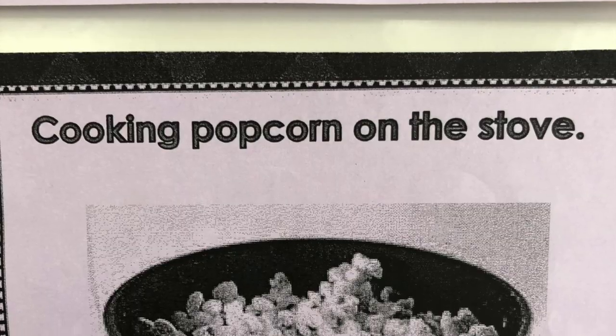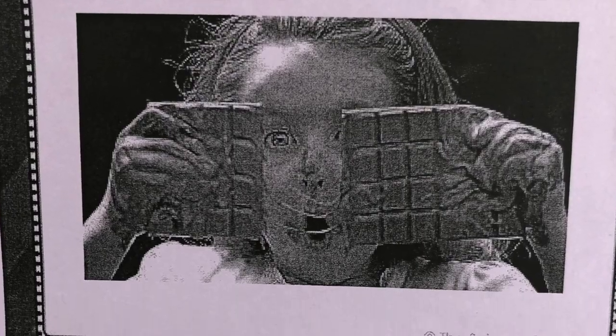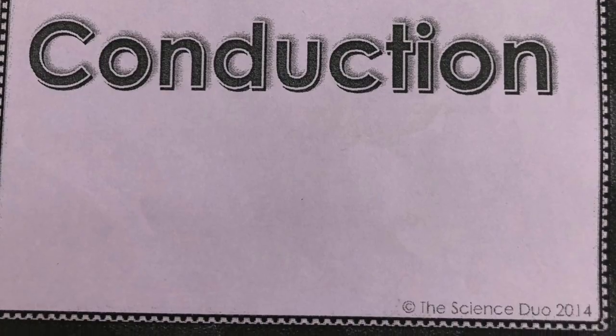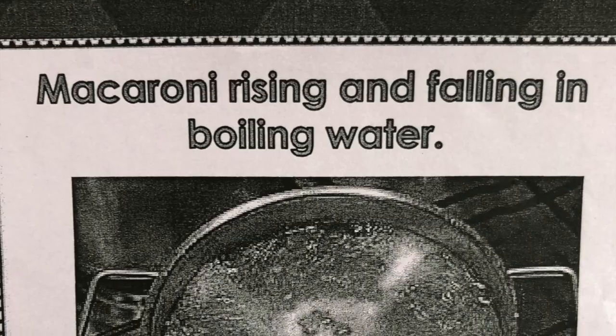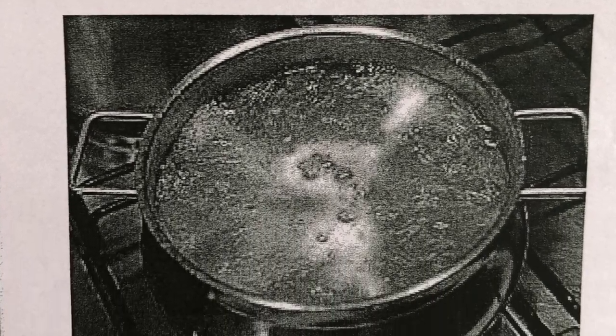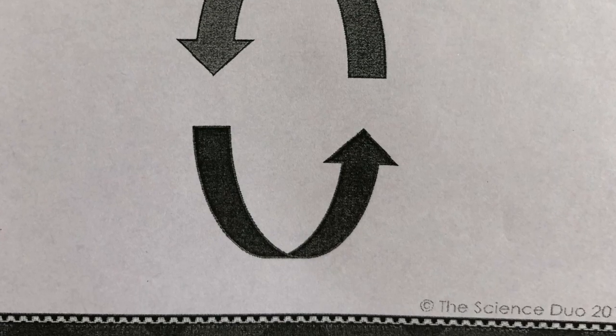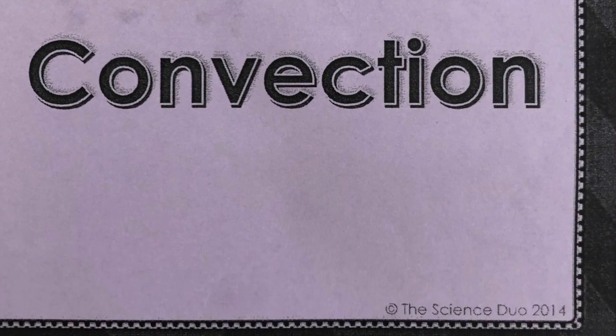Feeling hot sand on your feet at the beach, cooking popcorn on the stove, and chocolate melting in your hand are all examples of conduction, which is when heat is transferred through direct contact. Heat waves given off by the pavement, macaroni rising and falling in boiling water, and moving winds and ocean currents are all examples of convection, which is when heat circulates through liquids or gases.